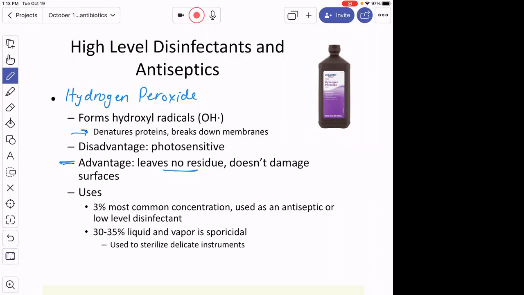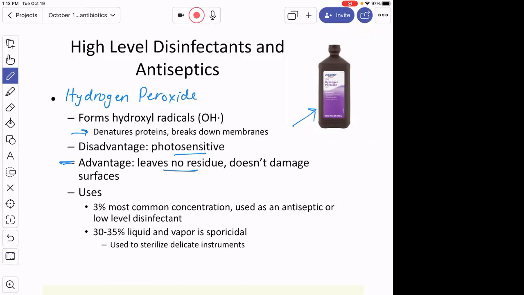One disadvantage it has is that it's photosensitive. Okay, so like chlorine, remember we talked about you store chlorine in opaque bottles as well. Sorry, bleach. Store bleach, that's also photosensitive. But like chlorine, hydrogen peroxide will start to lose its activity when it's exposed to light pretty quickly.